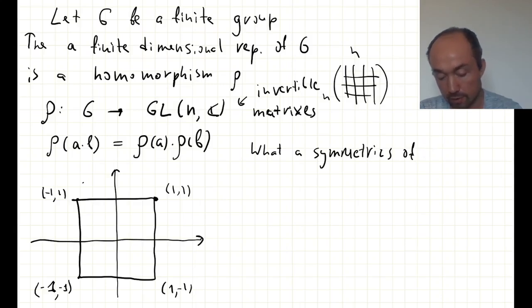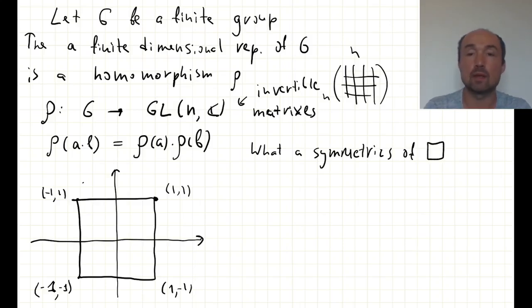By symmetry we mean some kind of motion of the square which maps the square to itself. Then of course it is not hard to see that we have the following symmetries.